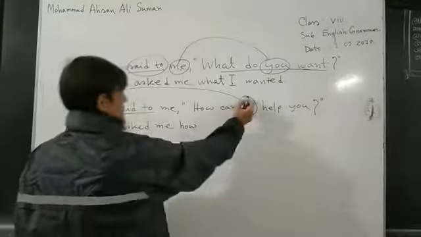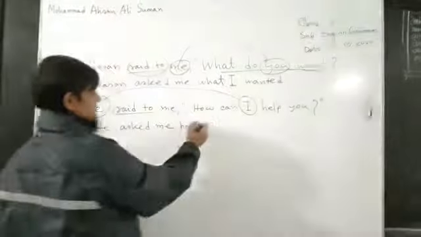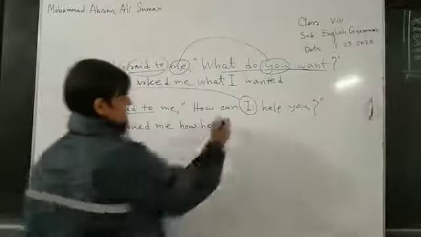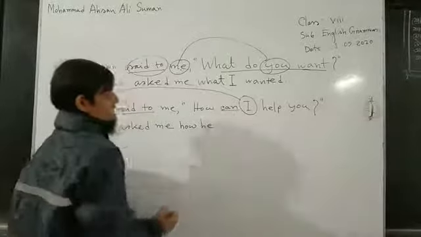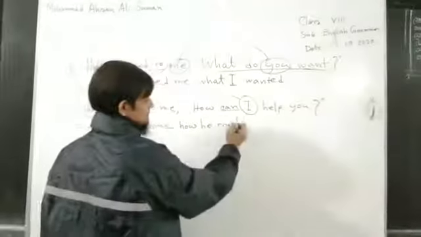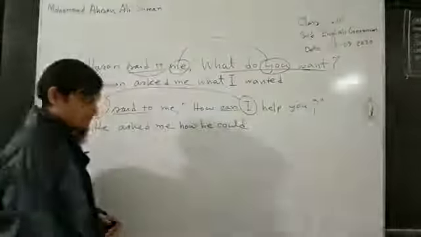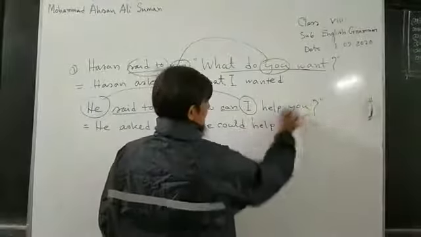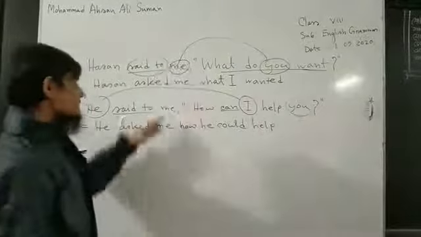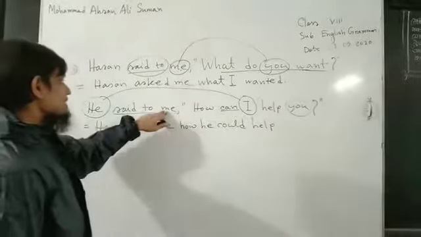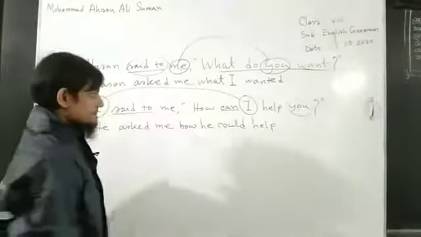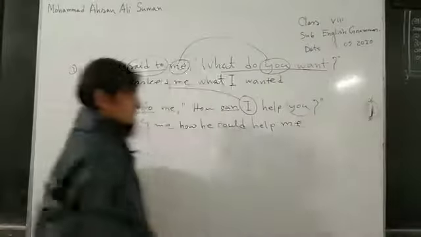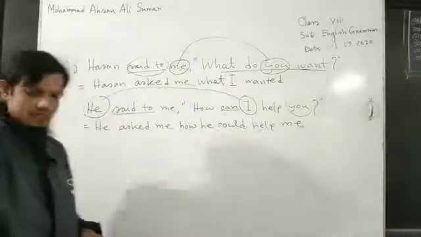I is a subject, he is also a subject, so directly we can write he here. How he, the past tense of can is could. How he could help. Here the second person you will be changed into the object of the reporting verb, me. Help me. Then put the full stop at the end of the sentence.